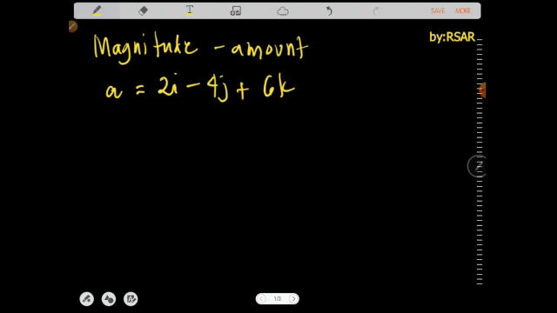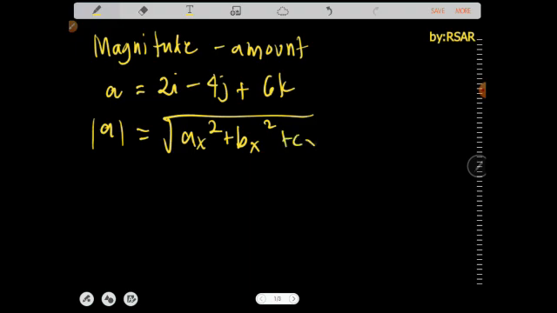Okay, take the magnitude of that vector is equals to the square root of ax squared plus bx squared plus cx squared. Okay, take note, yung ating ax is equals siya sa 2i, tapos yung sa example na to, yung bx is equals to 4j, tapos yung cx is equals to 6k.